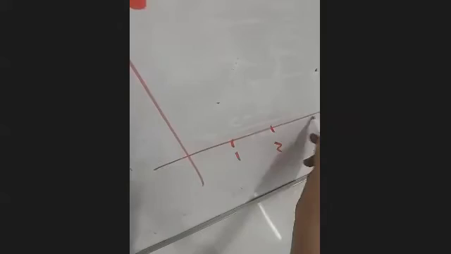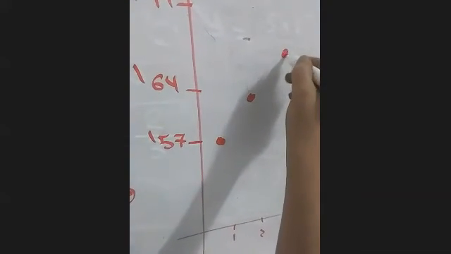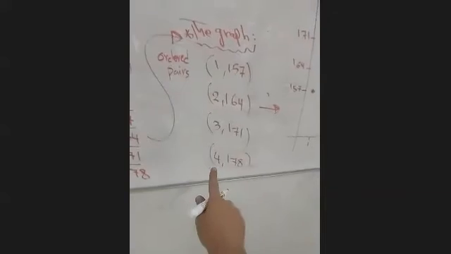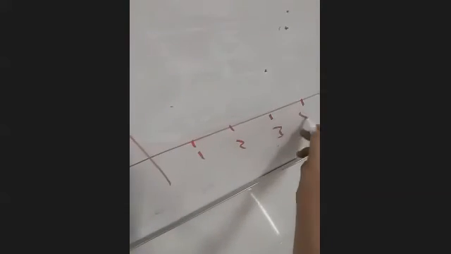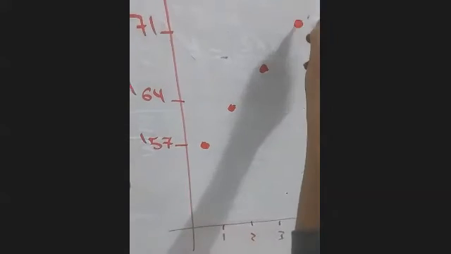Right. Then 3 and 171, this is 3, and this is 171, and we put our point. 4 and 178, this is 4. Go up until 178 and put your point. Is there a problem? No.